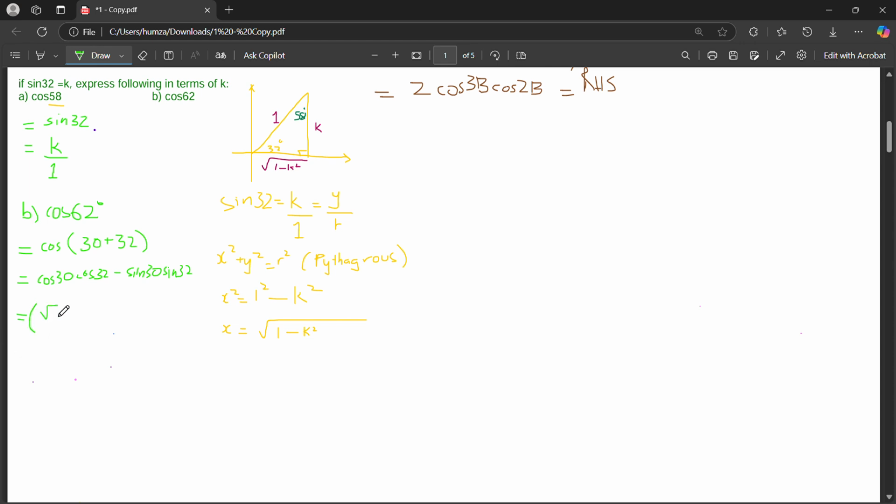Root 3 over 2 is the value of cos 30. To find the value of cos 32, we can use this triangle, and the cos value will be the square root of 1 minus k squared over 1. Then sin 30 value is half, and the sin 32 value is k over 1.